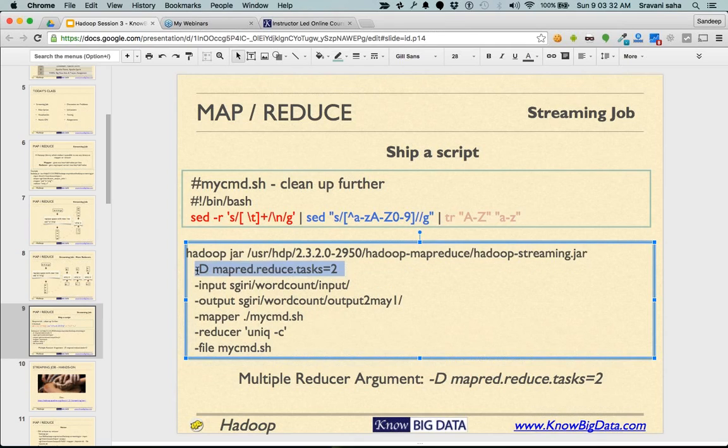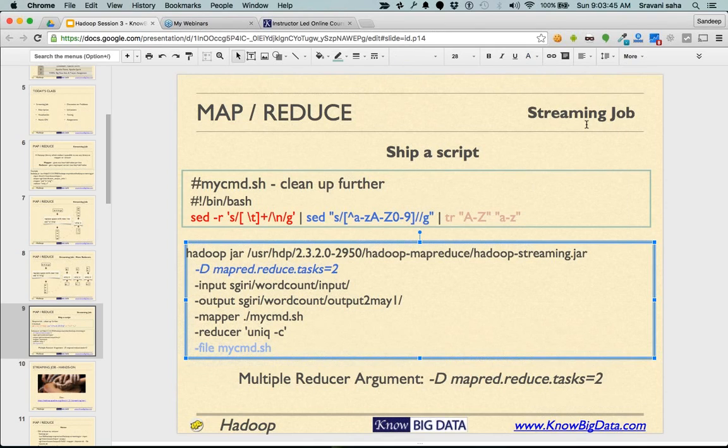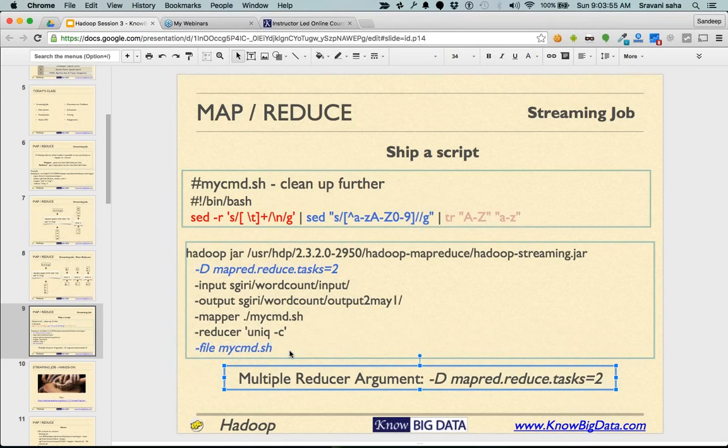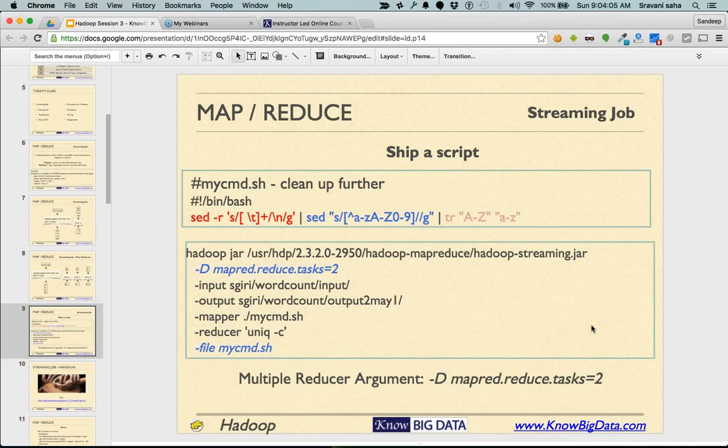The input folder is the same. The output folder has to be different, of course.